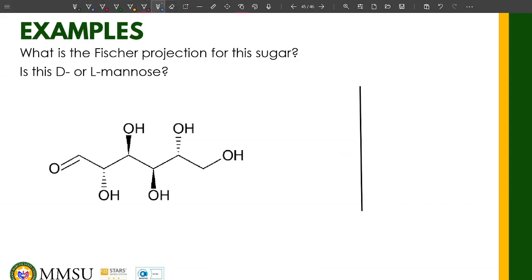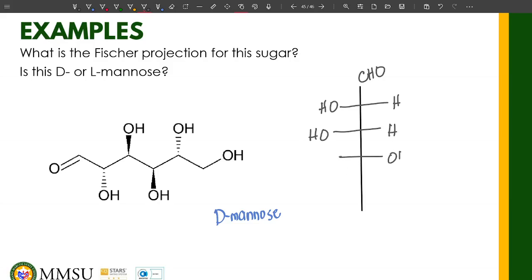This is a D-mannose. When you make its Fischer projection: CHO, and then OH, hydrogen, OH, hydrogen, OH, hydrogen, and this time, the last one, hydrogen, and then the CH2OH. Here, the last chiral carbon is on the right, so it became D-mannose.